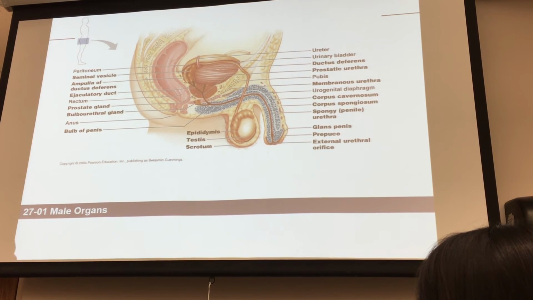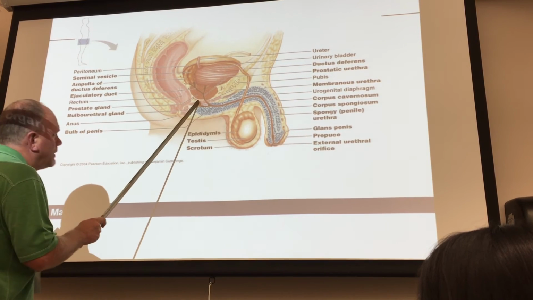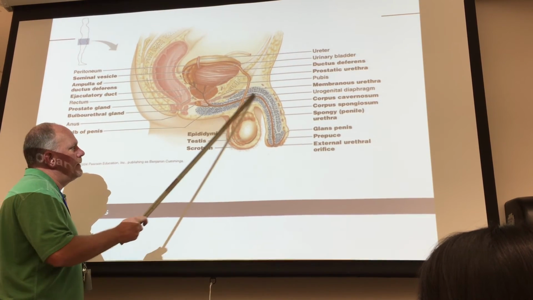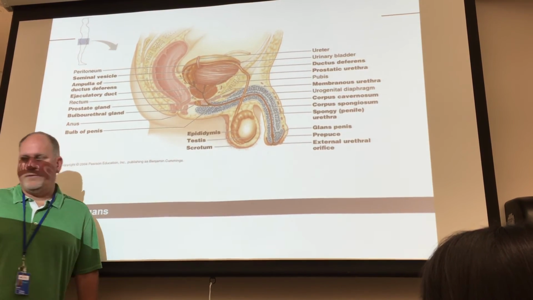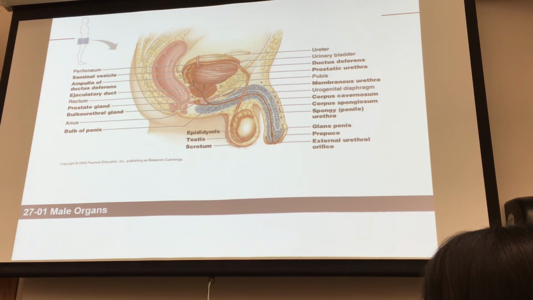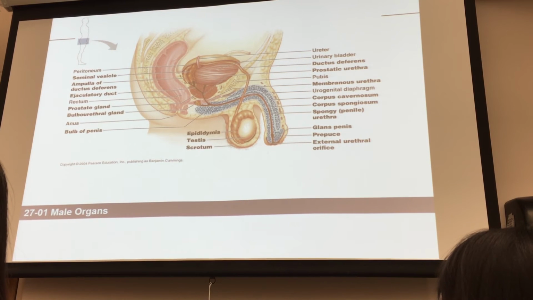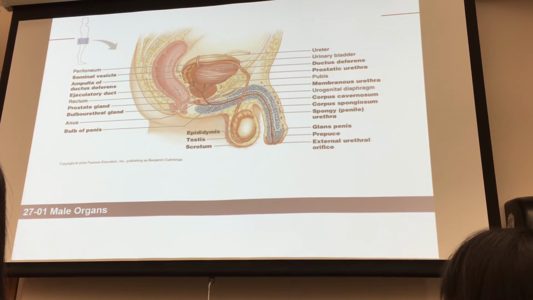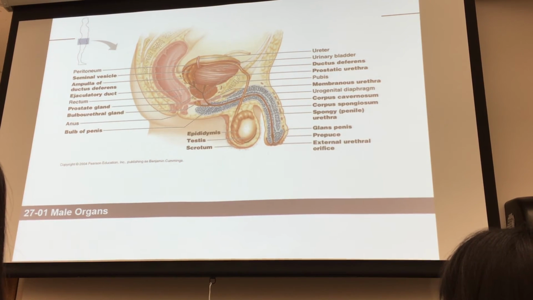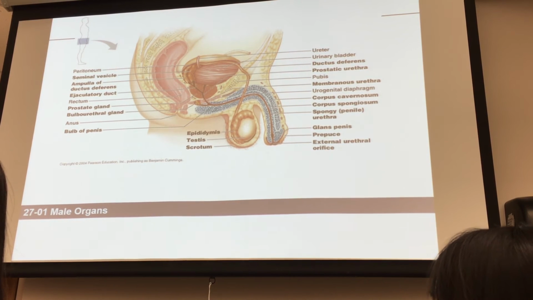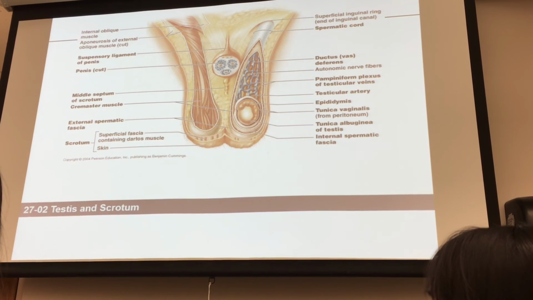One prostate gland. There's a bulbourethral gland, which is a pre-ejaculate coming out the urethra. How many areas of the urethra are there? Anybody know? It's on the test. 3. Good. 3. Not 4.